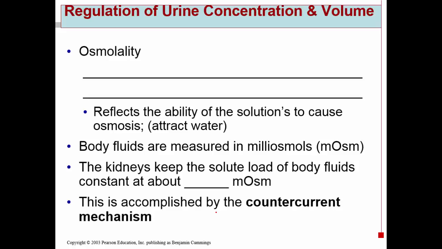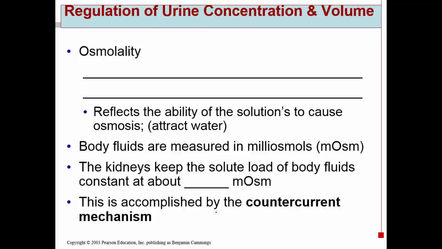Well, the nephron loop, certainly in juxtamedullary nephrons, is involved in controlling the urine concentration and the urine volume. To explain this, we have to look back at the word osmolality. Osmolality is a way of expressing osmotic concentration commonly used in clinical settings.